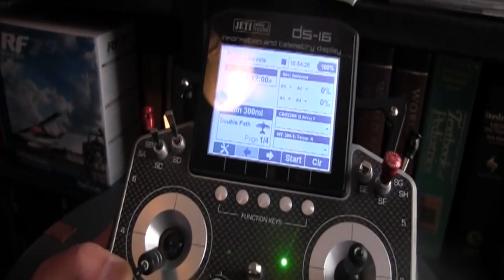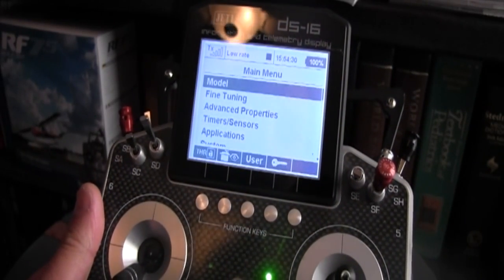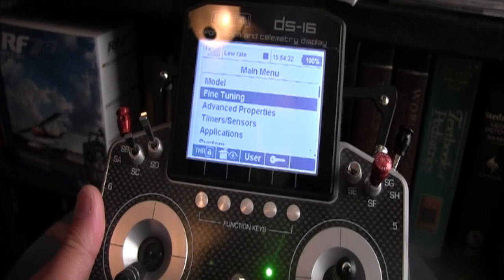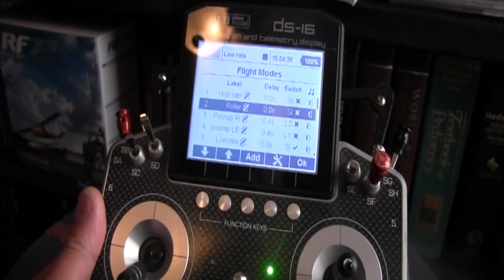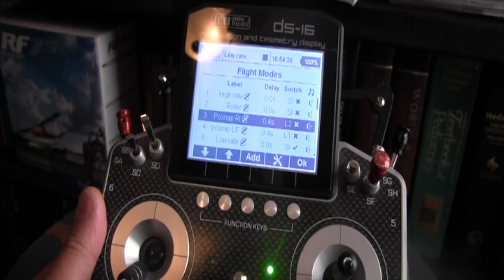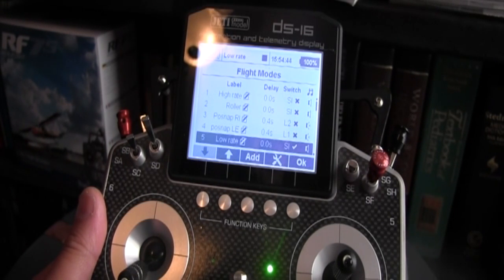is the first thing you have to do is set up some flight modes. In the flight modes, what I have is high rate, roller, positive snap to the right, positive snap to the left, and low rate.